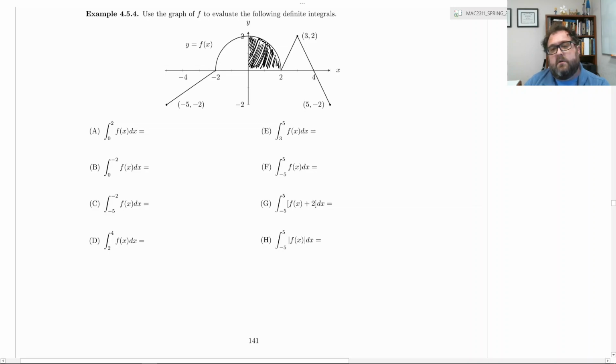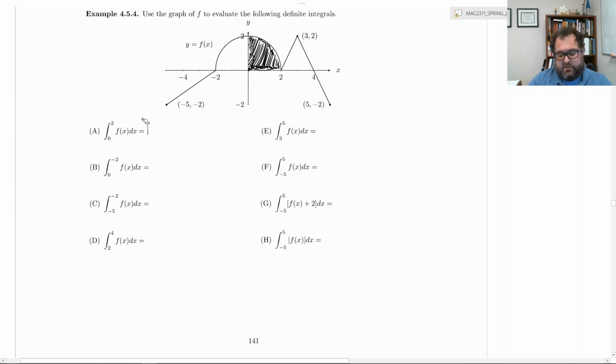All right. So notice that the radius is 2. The area of the entire circle is pi r squared, which would be pi times 2 squared.